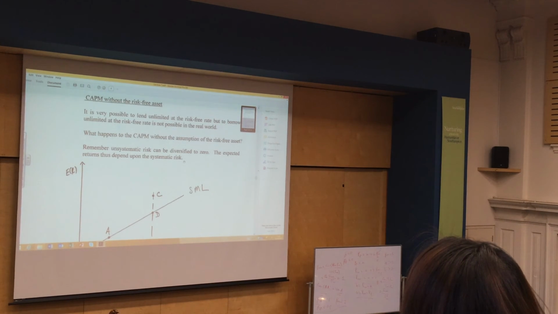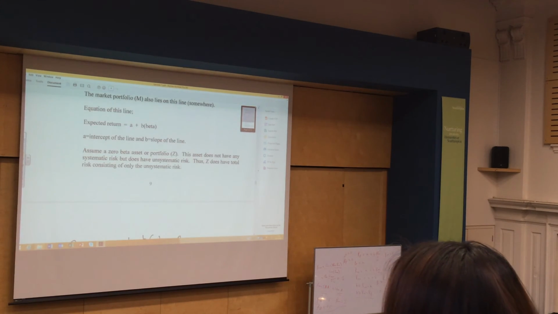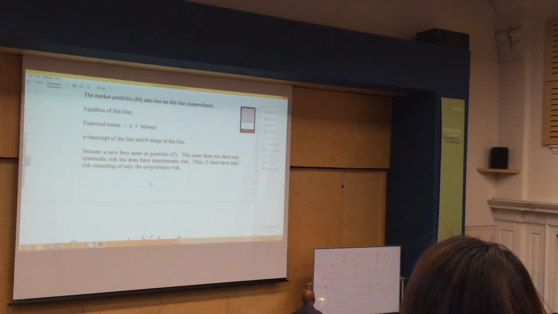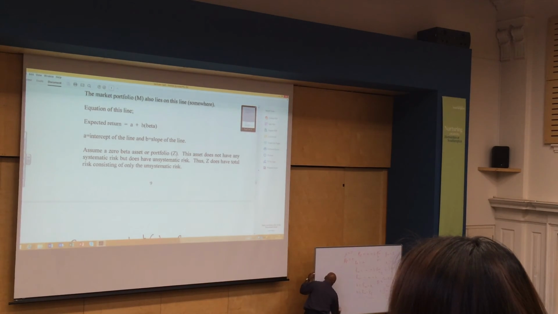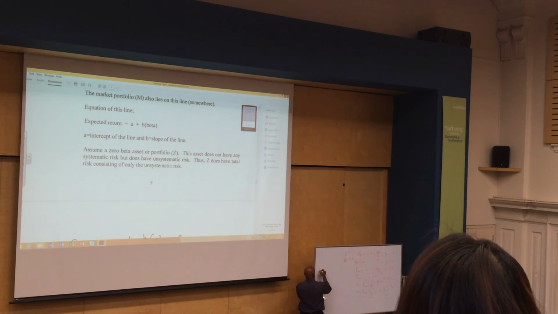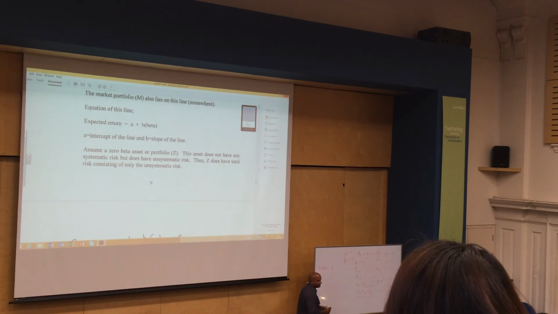So these people did further work, and this is the same security market line we talked about. They said, okay, assume a portfolio Z. Total risk is positive.